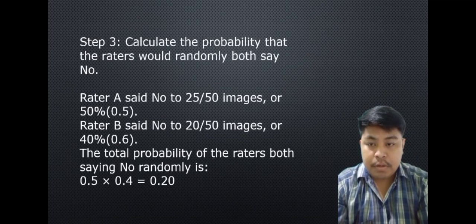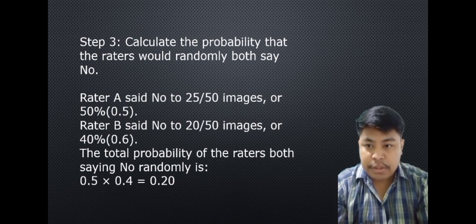For the third step, we will calculate the probability that the raters would randomly both say no. Rater A said no to 25 over 50 images, or 0.5 or 50%. Rater B said no to 20 over 50 images, or 0.4 or 40%. The total probability of the raters both saying no randomly is 0.5 times 0.4, which is equal to 0.20.